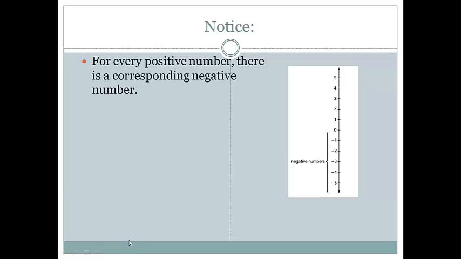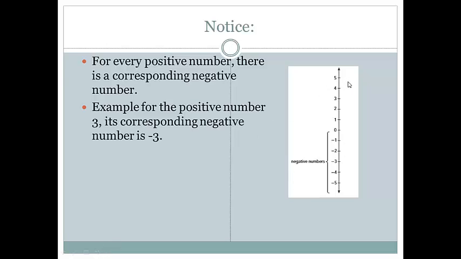Notice every positive number has a corresponding negative number. For an example, we have a positive 3, and it also has a corresponding negative 3.